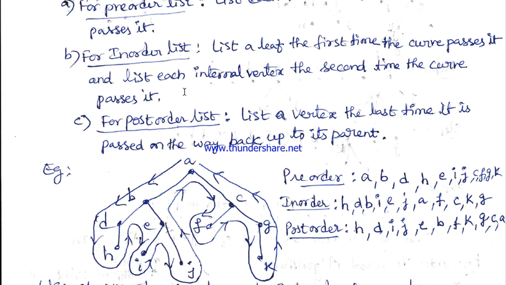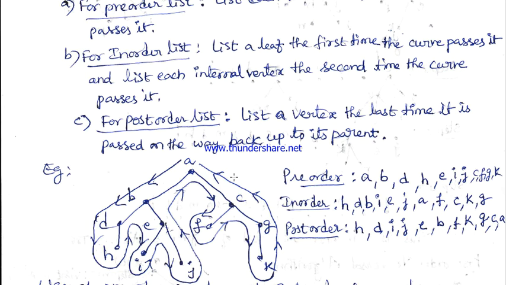Similarly, in order to find the in-order list of vertices, we list the leaves if the curve passes through them for the first time, and we list the internal vertices if the curve passes through them for the second time.